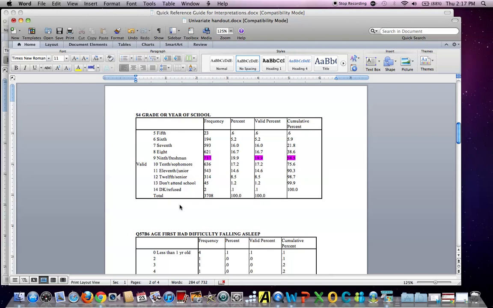In terms of the distribution for grade or year in school, the median category is 9, which represents the ninth grade.